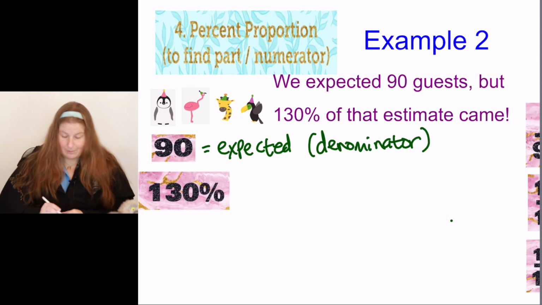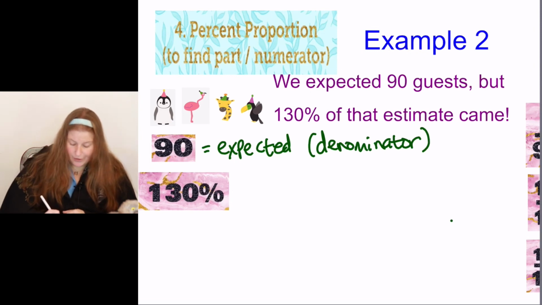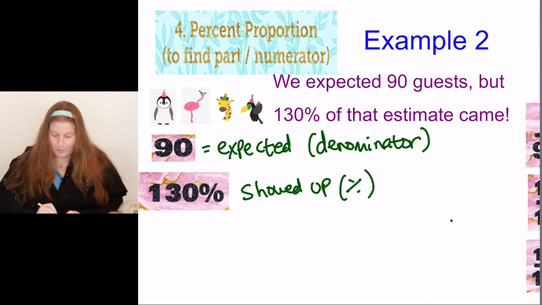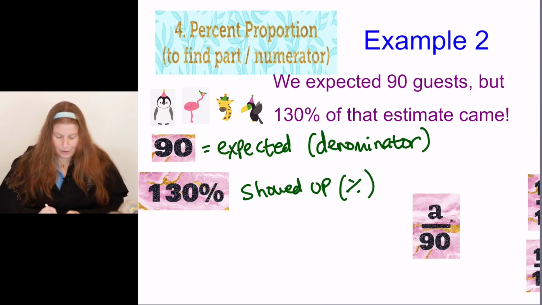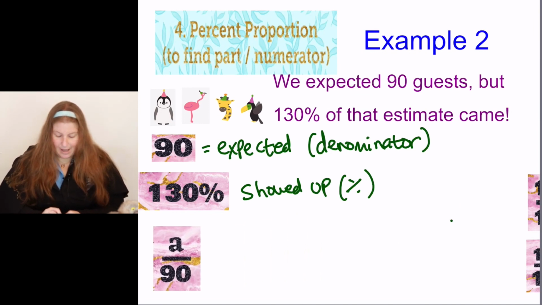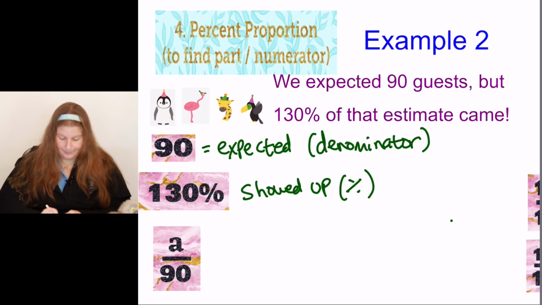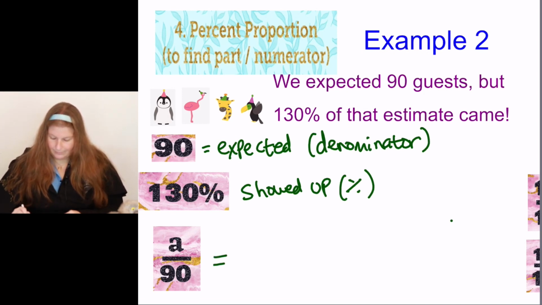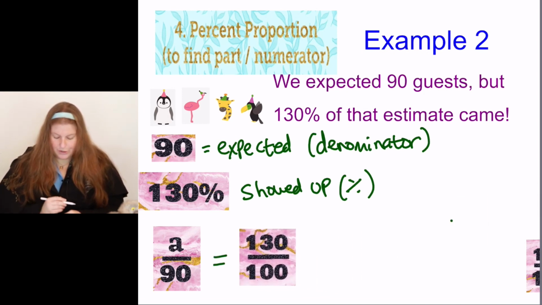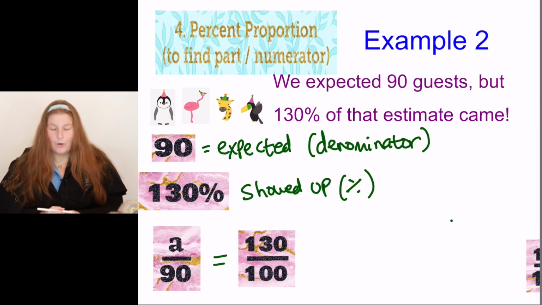But whoa, it was a popular party because 130% actually showed up. So that is our percent in our percent proportion equation. So we know that some number of party guests out of the 90 that were expected is equal to 130%, or 130 out of 100.